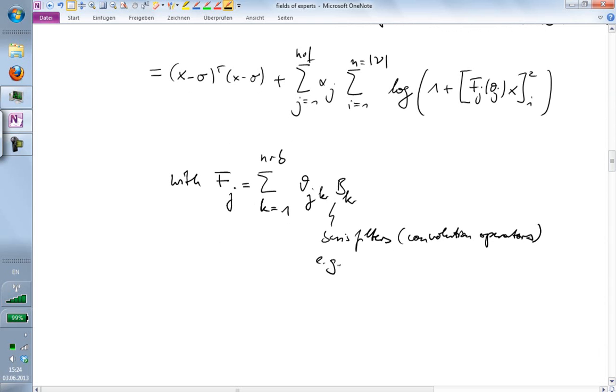And they could be, for example, the filters from the discrete cosine transform, omitting the one which has a non-zero DC term, only those with a zero DC term.